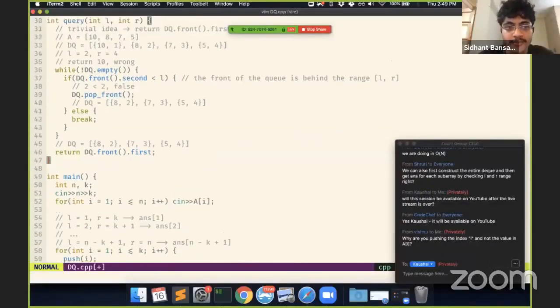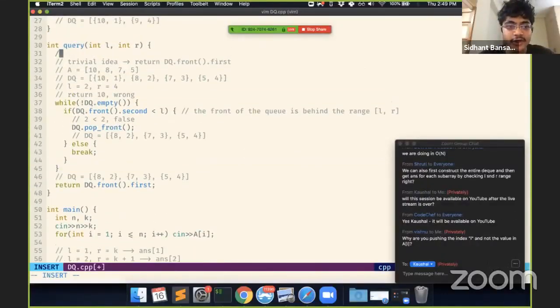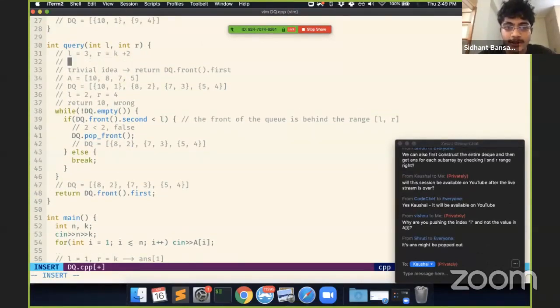So when we're popping out elements, it might happen that when we were doing L equal 3, R equal k plus 2, we actually popped out, yeah, exactly, Shruti is correct, the answer might be popped out, because we might have popped out the value at the second element. Let's say the value at the second element was 8, right? And we would have returned the correct thing, which would have been 7.